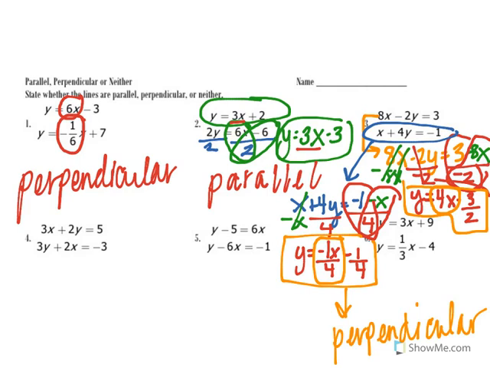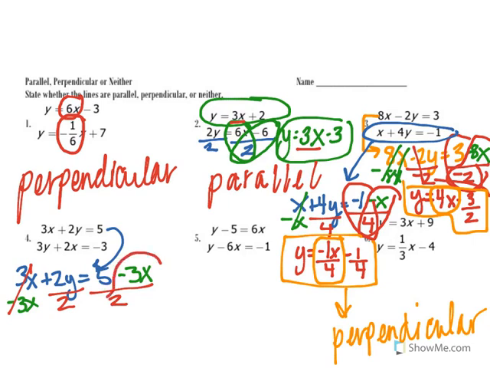All right, for number 4, we have to put this in y equals mx plus b form before we can tell if it's parallel, perpendicular, or neither. So we'll take the first equation, 3x plus 2y equals 5. We are going to subtract the x and then divide by 2.